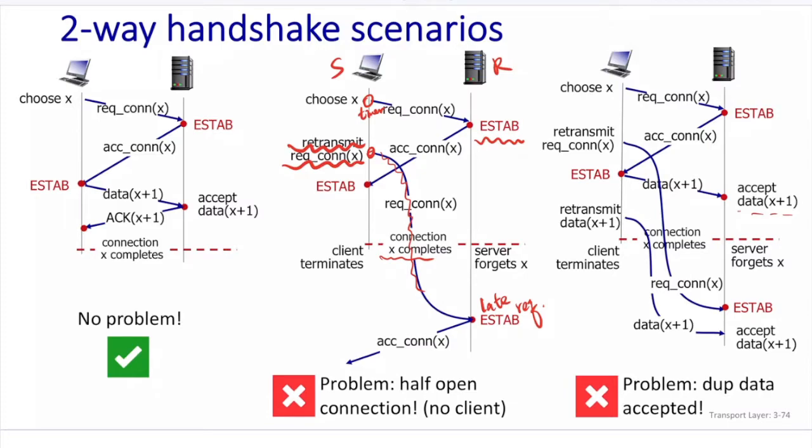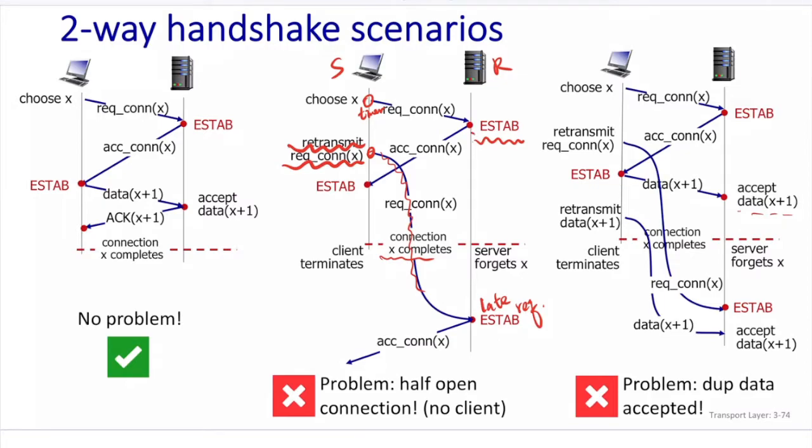Maybe the network is very congested, so it does not receive the corresponding acknowledgement or the next packet does not arrive. So at this moment, the sender does not know the receiver is already in the established state.